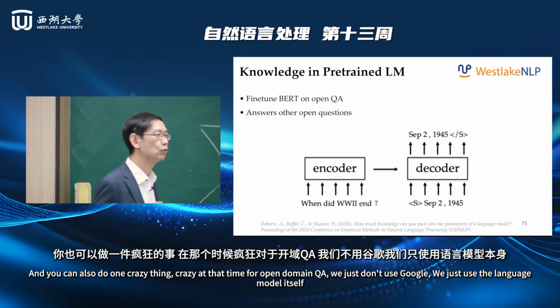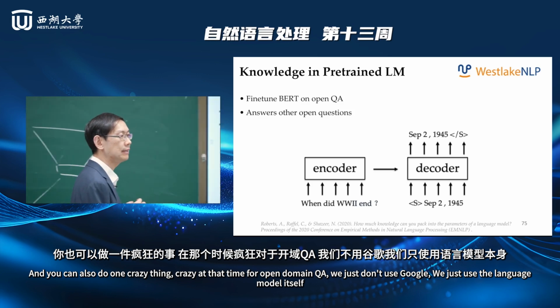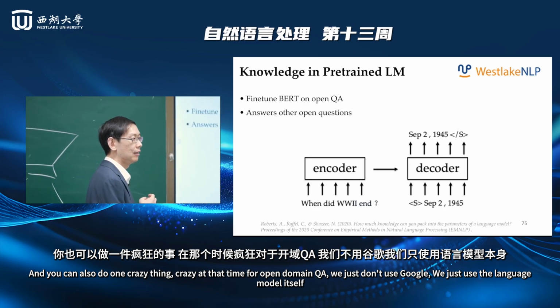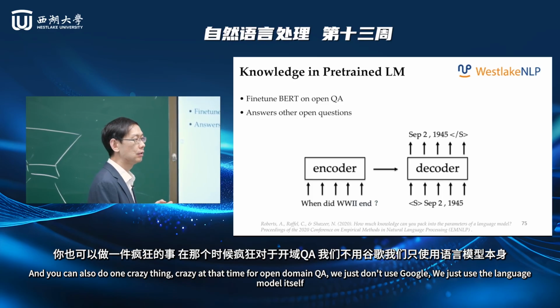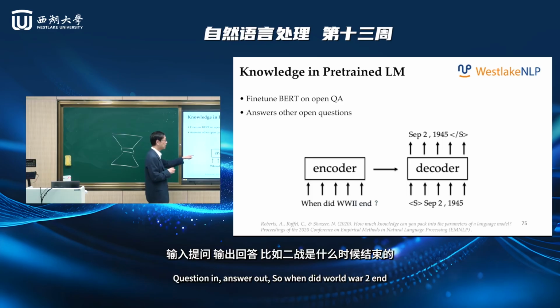And you can also do one crazy thing, crazy at that time, okay? For open domain QA, we just don't use Google. We just use the language model itself, okay? Question in, answer out. So when did World War II end? What's the question?